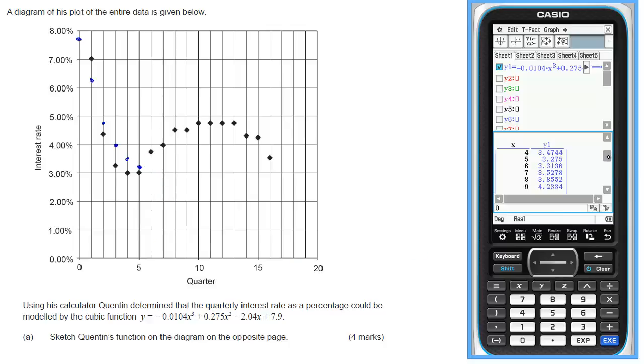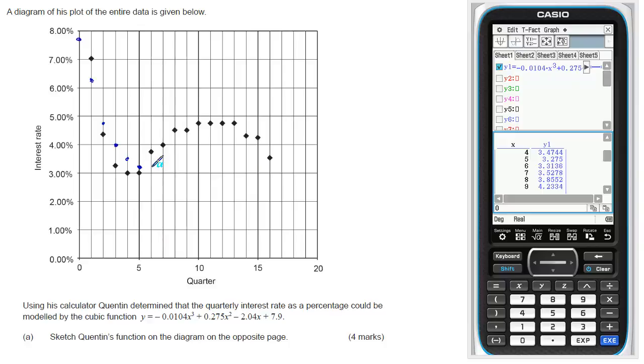And we need to just scroll down. 6 at 3.31. That's just a tiny bit above that one. 7 at 3.5.